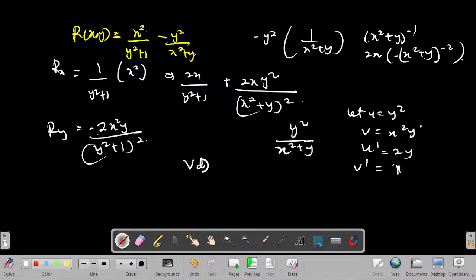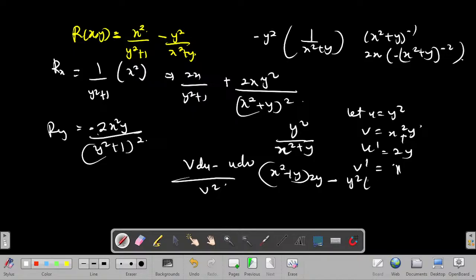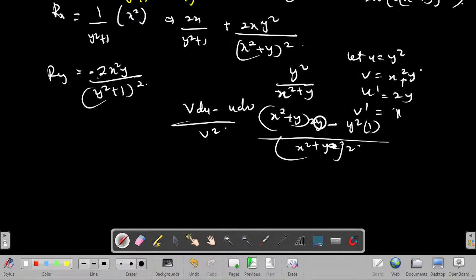Therefore I have v times u prime, which is y squared plus 1 times 0, minus my u, x squared, times v prime, which is 2y, all over y squared plus 1 squared.